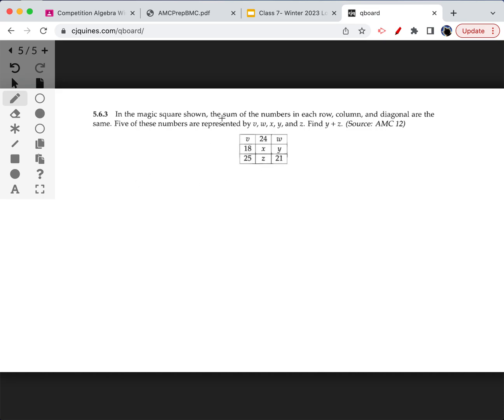So key information here is that the sum of the numbers in each row, column, and diagonal are the same. So let's say that this common sum is k. So the sum of the numbers in each row, column, and diagonal is k. So that means that v plus 24 plus w is equal to k, which is this first row.